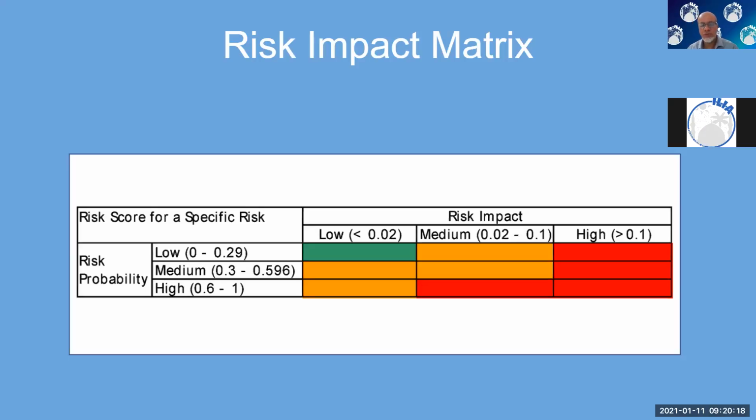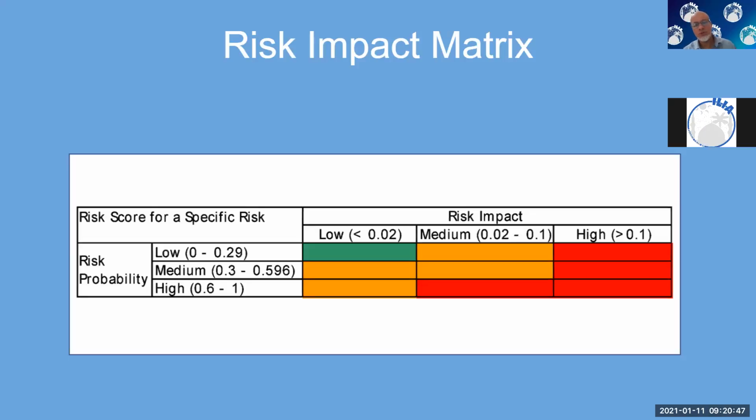So these numbers here, what we're saying is that low is less than 0.02. What does that mean? It means if the impact is 2% or less than 2% to the bottom line, or whatever this risk has to do with, I'll consider it low. So if we take the example of a crisis line, you say, we're going to upgrade our phone system. And people start asking, okay, what's the impact if something goes wrong?